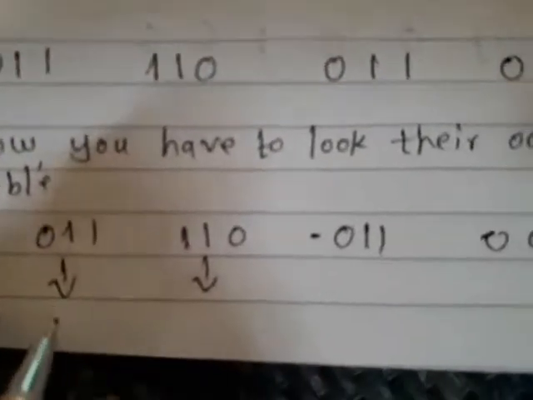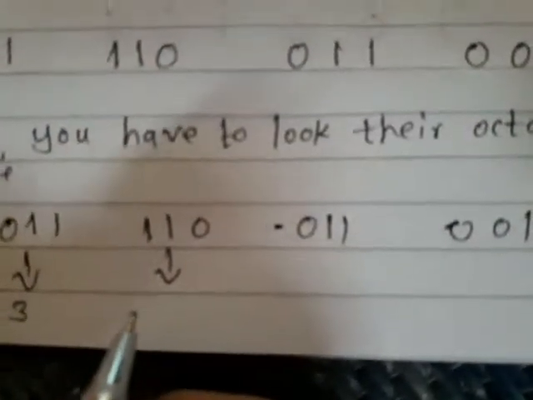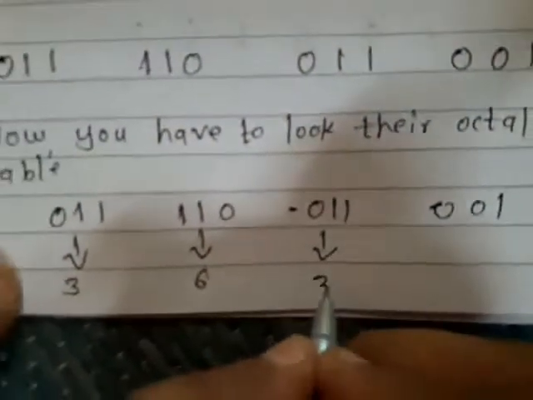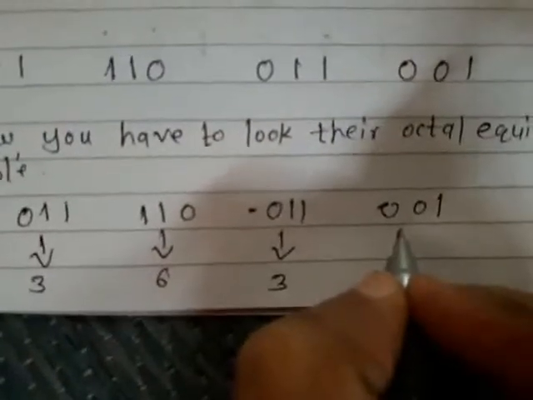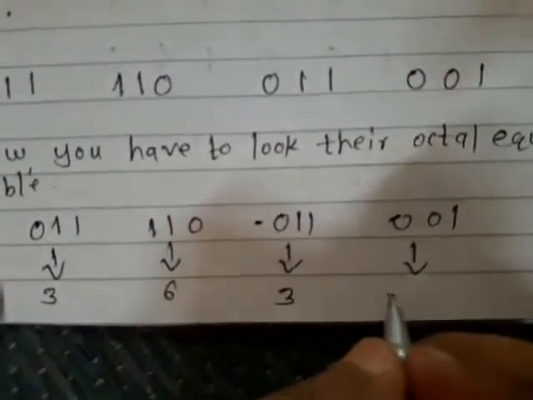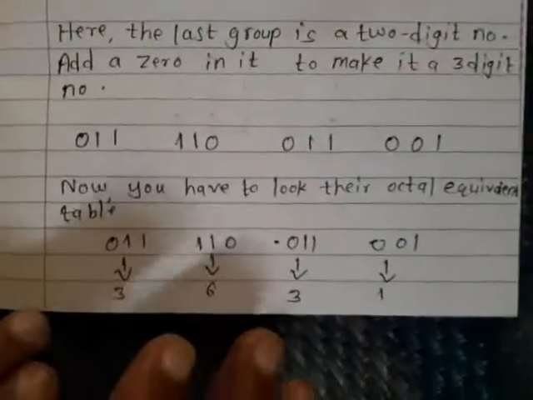Okay, then you have to write here: 011 is in the third group, 110 is in the sixth group, 011 is again the third group, and 001 is in the first group. Like this your equivalent will come.